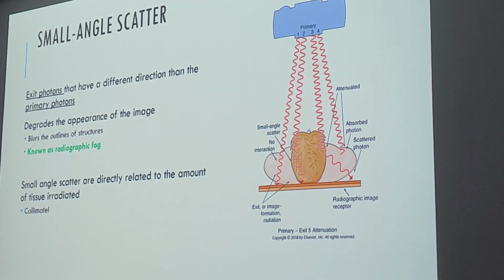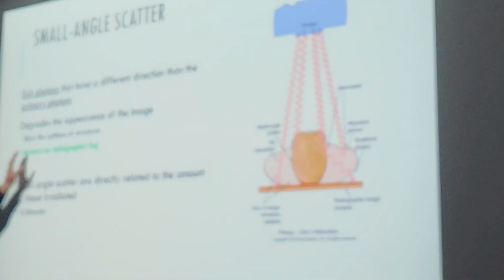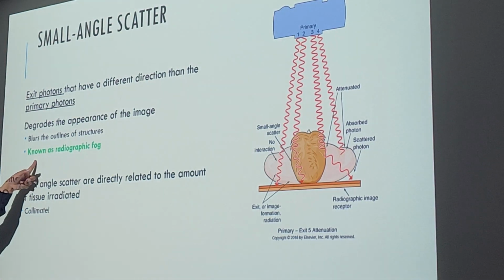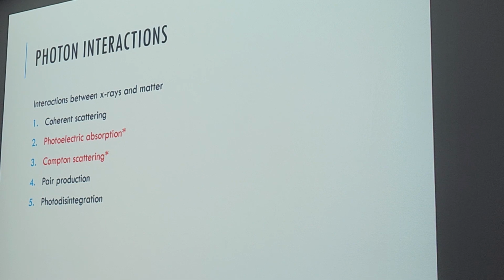These are the photons that cause noise or radiographic fog, and they also blur the outline of structures. Small angle scatter is directly related to the amount of tissue irradiated. Therefore, it's important to collimate. The more open you keep it, the more scatter you get.